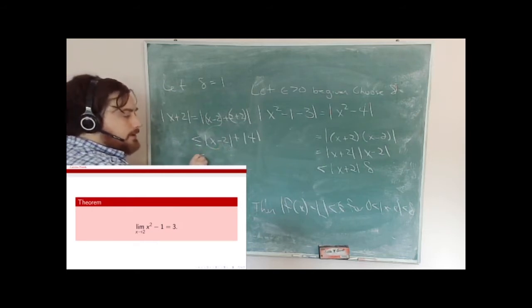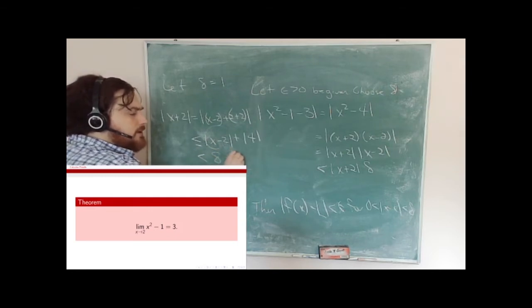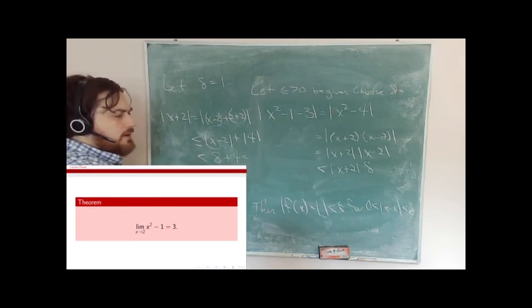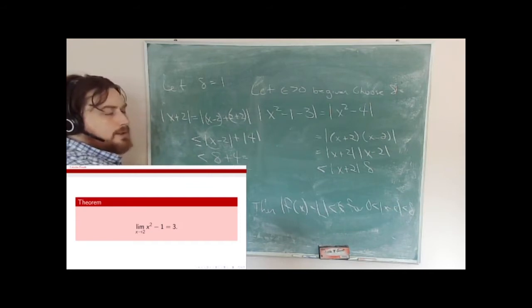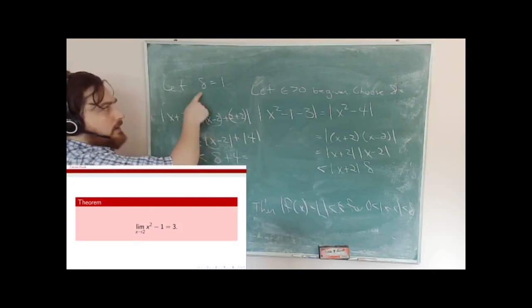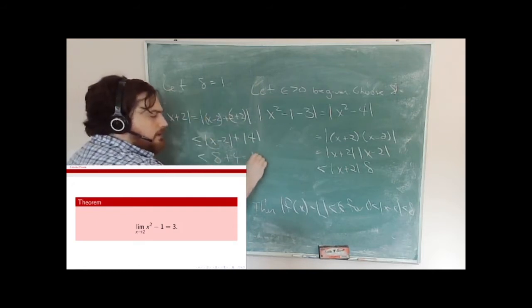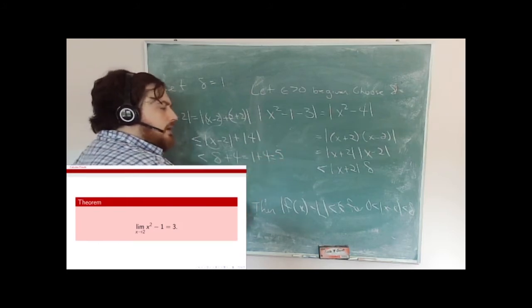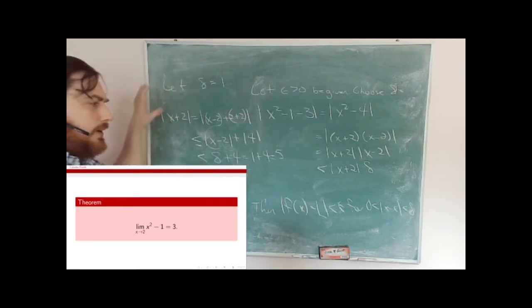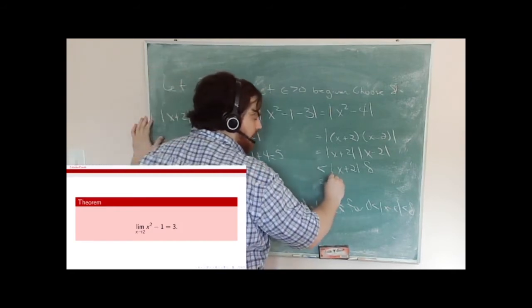So we get to assume that this is less than delta plus 4. If I was going to use delta plus 4 over there, that's fine, but then I'm going to have to figure out what epsilon's going to be, and that's going to become difficult. So if I just let delta equal 1, then this is 1 plus 4, which is 5. So if I know that delta is 1, then this is equal to 5 delta.